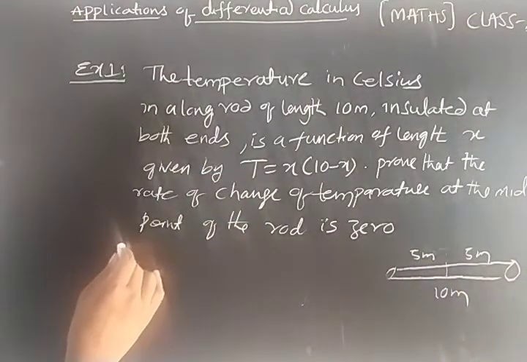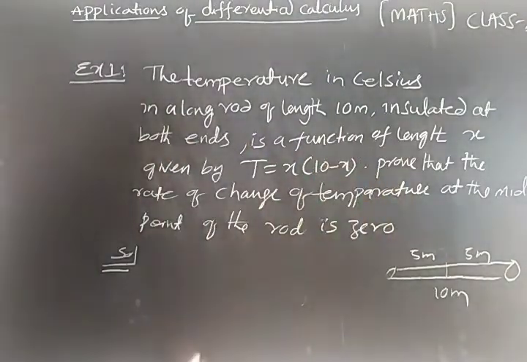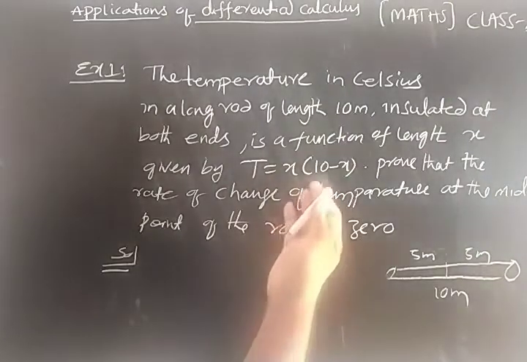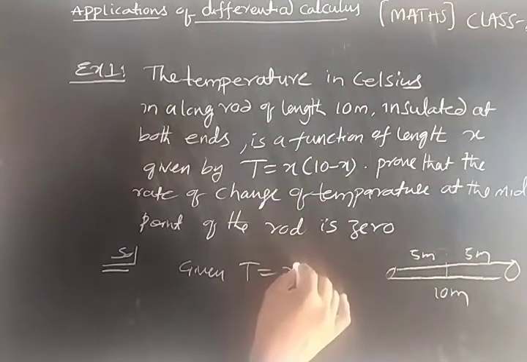Here I am writing the given relation between temperature and length of the rod: T equals x into (10 minus x).